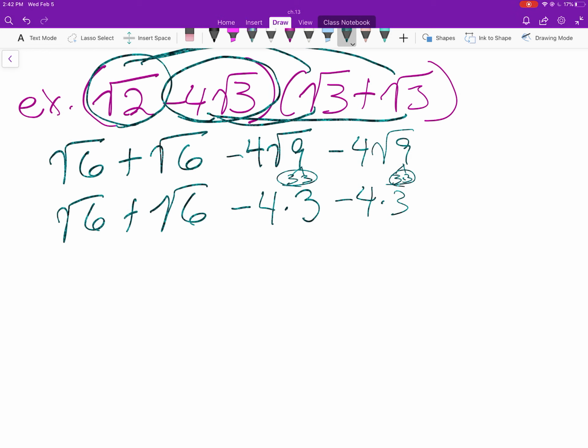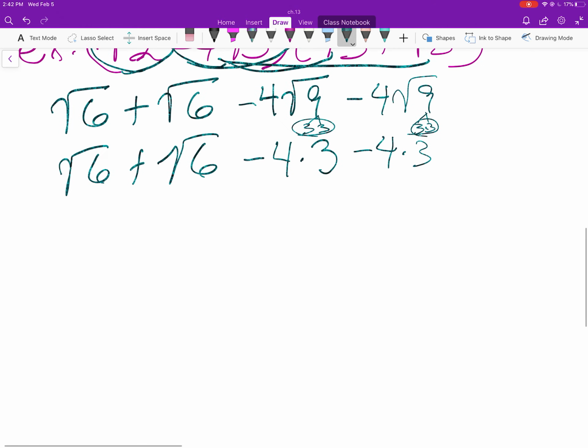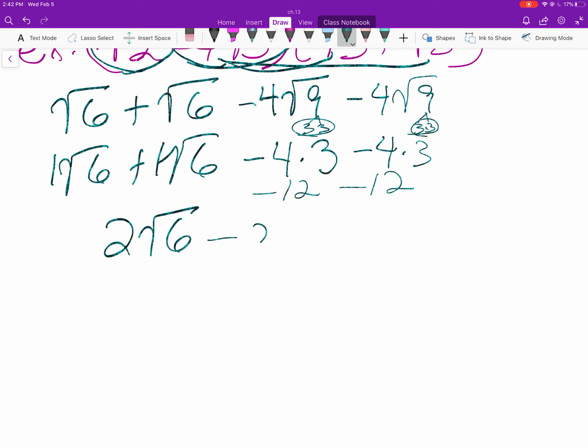Now, let me just go ahead and say that you've got the square root of 6 plus the square root of 6. I know right now y'all don't know this, so I'm not going to give you one, of course, right now, but that would be the same thing as 1 square root of 6 plus 1 square root of 6 would be 2 square roots of 6. There's 2 of them. All right, that's minus 12, and that's minus 12.